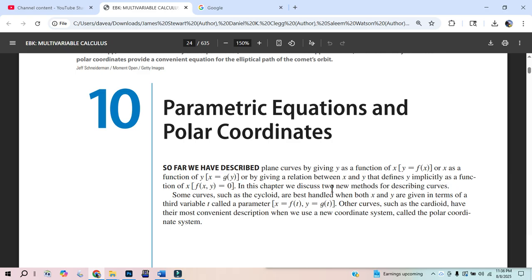So in this chapter, we discuss two methods for describing curves. Some curves, such as the cycloid, are best handled when both x and y are given in terms of a third variable called t.